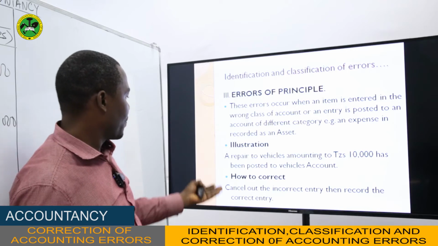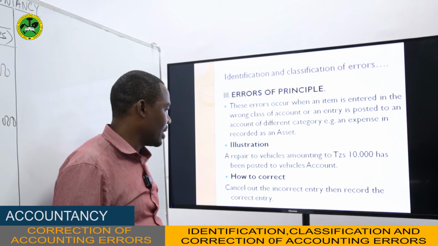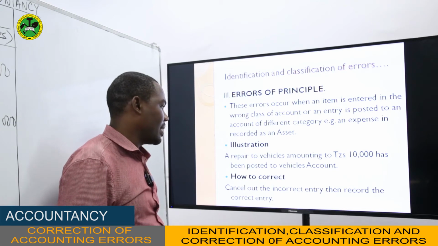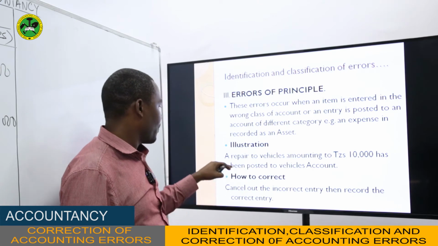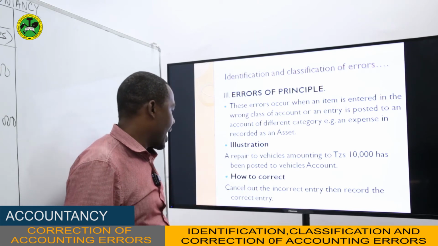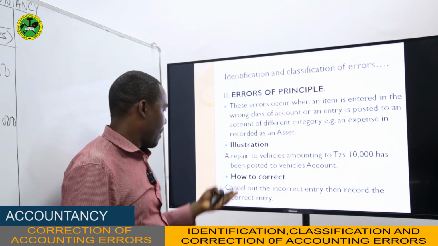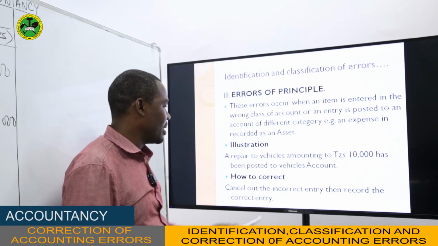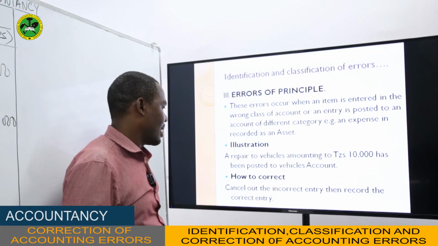Let's see an example. A repair to vehicles amounting to 10,000 TZS has been posted to vehicle accounts. So it was an expenditure of 10,000 being posted to the vehicle account. That means it was treated as a purchase of an asset.